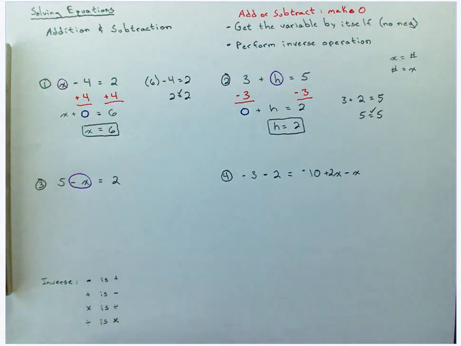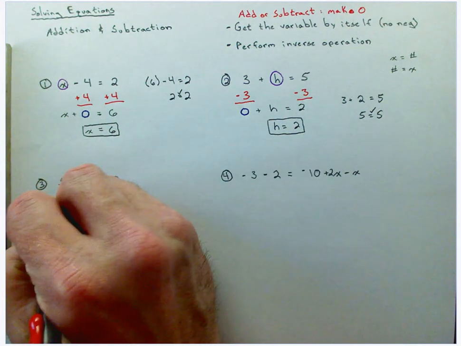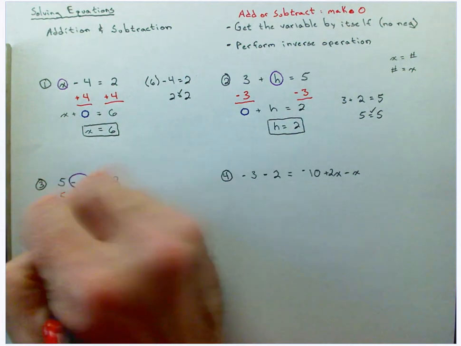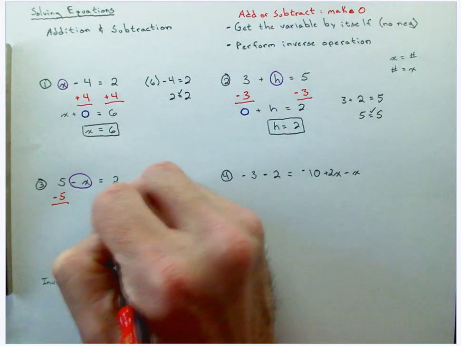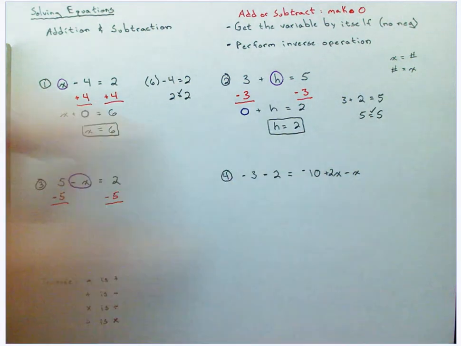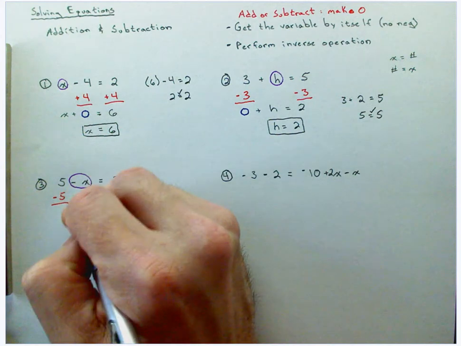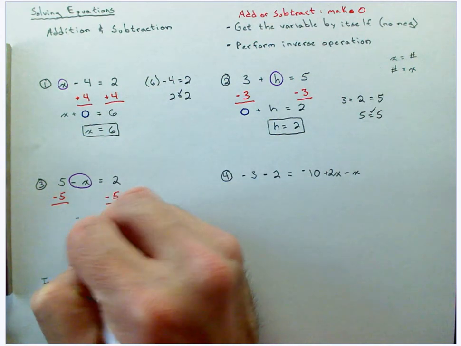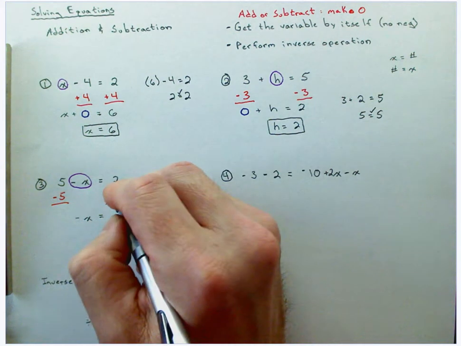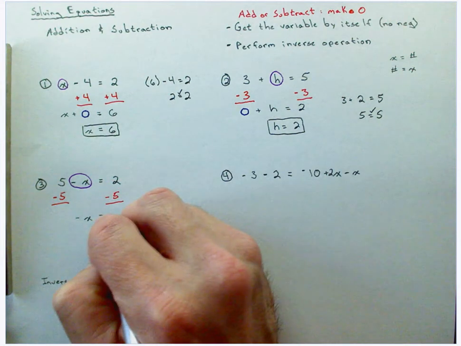Is that 5 positive or negative? It's positive, so I need to do the opposite. I need to do a minus 5. If I do it to one side, I have to do it to the other. I'm not going to write the 0 this time. I'm just going to drop this negative x down. Negative x equals, and then I have 2 minus 5. That's a negative 3.